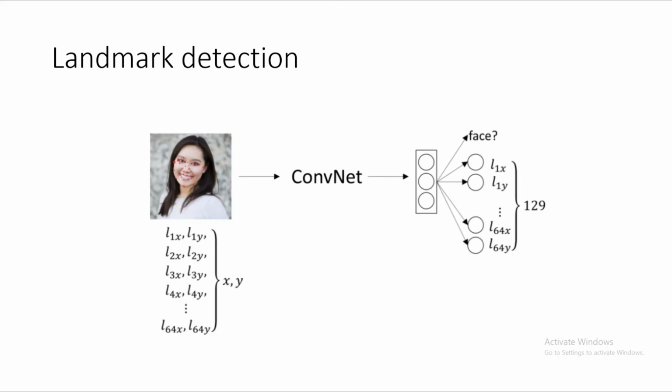And here, on the implementation level for landmark detection, what we can do is take an image of the person's face and input it to the convolutional neural network, then have some set of features.